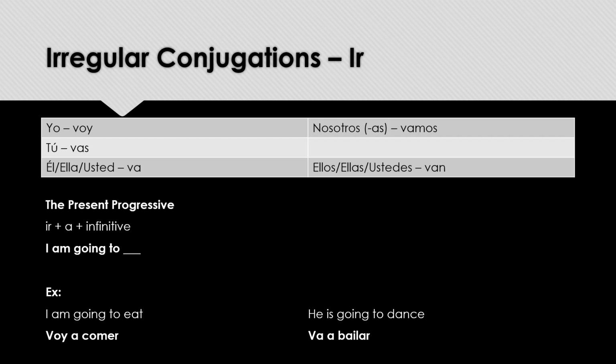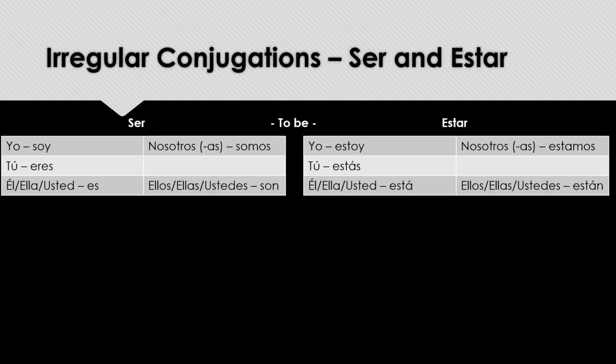This is formed by ir plus a plus an infinitive. The verb ir is conjugated to specify who is doing the action. Then the actual action itself is left in the infinitive form after an a. If I were to say I am going to eat, I would conjugate ir to voy, then add the a, then leave comer in its infinitive form, creating voy a comer.